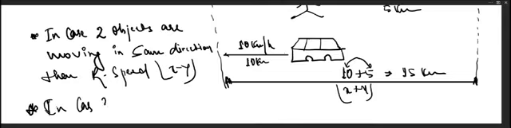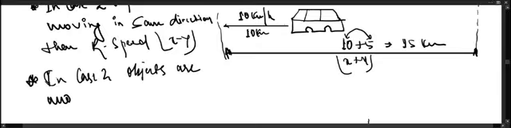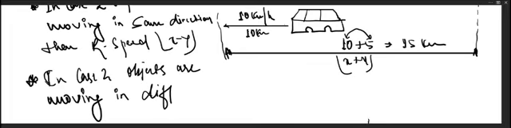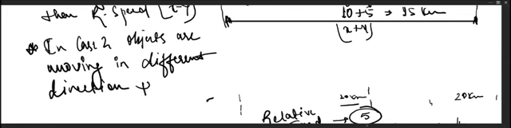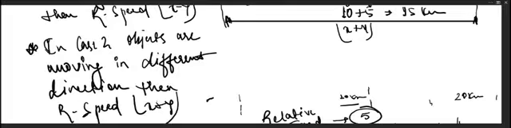And in case two objects are moving in different directions, then relative speed will be x plus y, that is the sum of the speed of both the objects.